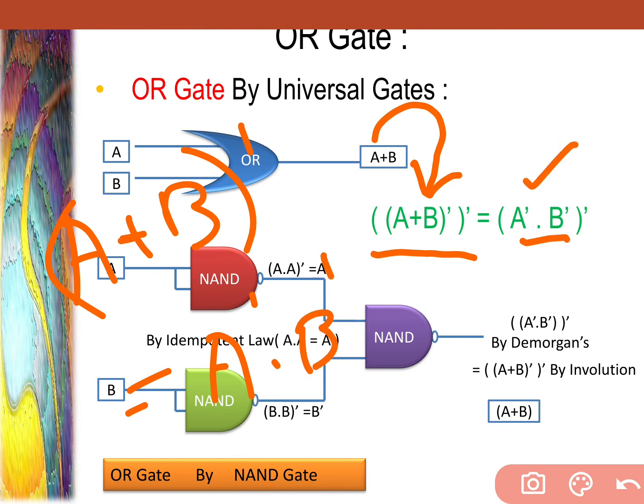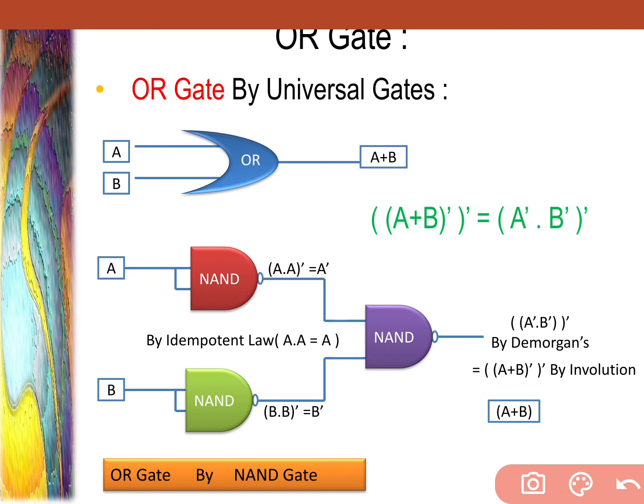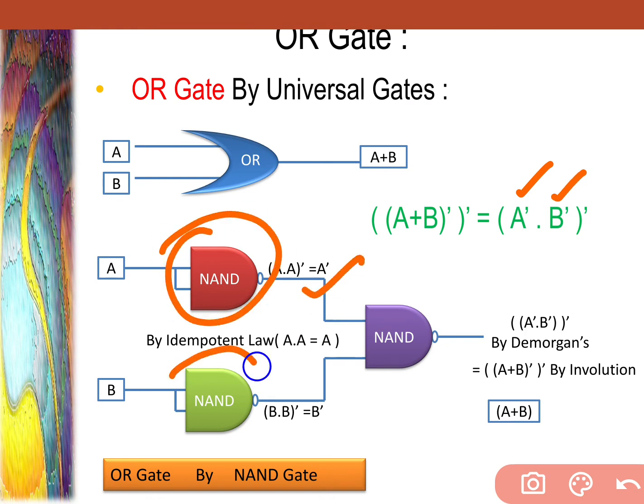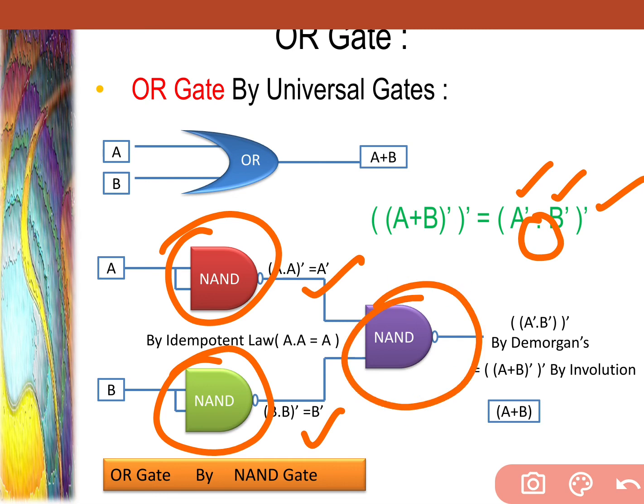I can write in this way also. And if we can create A dash dot B dash from NAND gate, A dash from NAND gate, B dash from NAND gate, then NAND always provides us dot with dash.